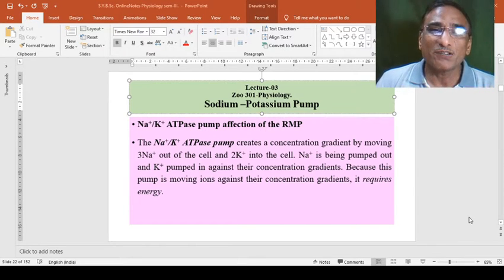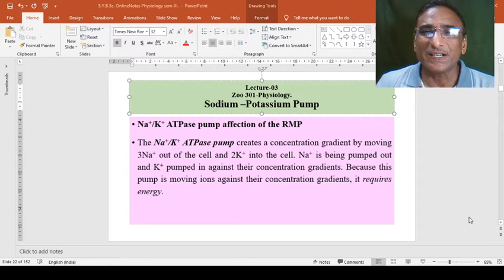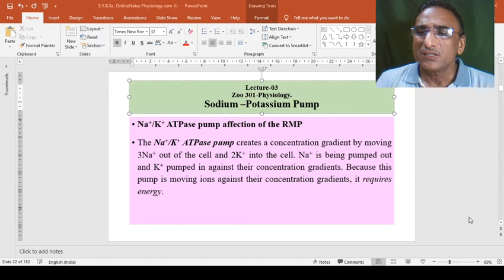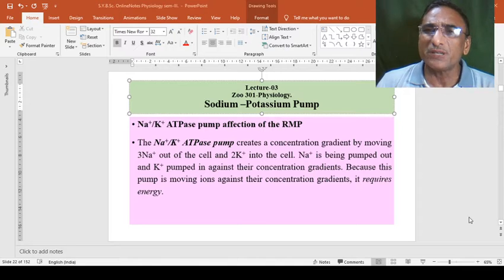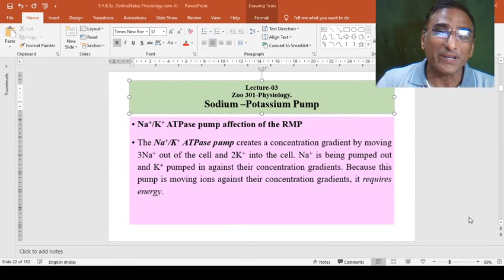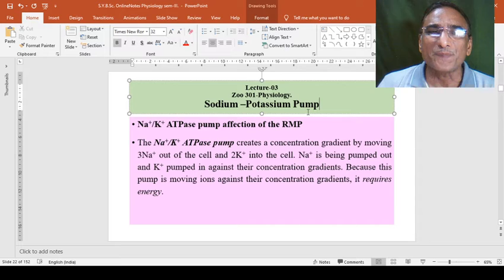The energy required for the movement of these ions across the membrane is ATP, which we have studied already. Now, the movement or balancing of sodium and potassium across the membrane is generally called the sodium-potassium pump. Therefore, we will discuss the sodium-potassium pump here.